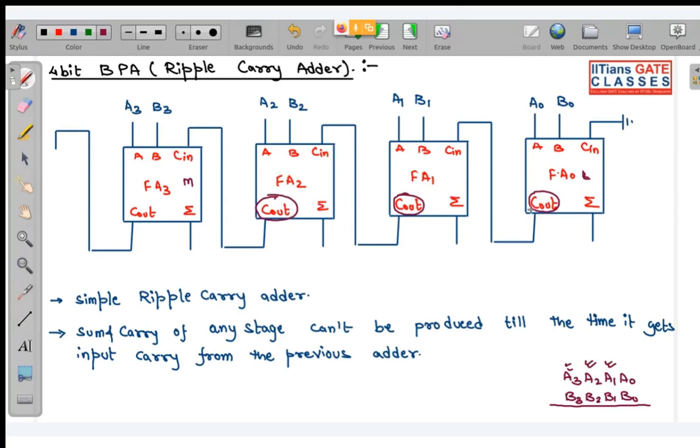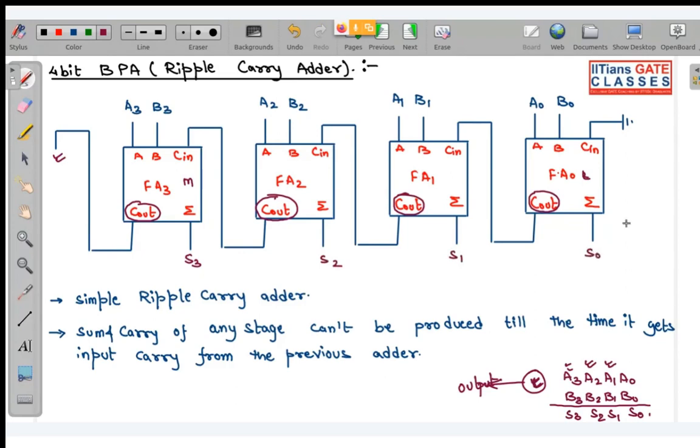You have no information of the intermediate carries. The only carry you get is Cout, which is the carry of the last stage, at this position. This is one of the outputs, and the remaining outputs are your sum bits, S3, S2, S1, S0. So the output of this ripple carry adder is this Cout and all the sum bits.